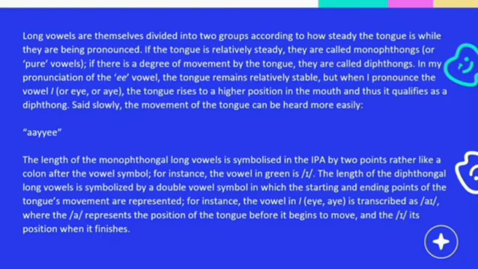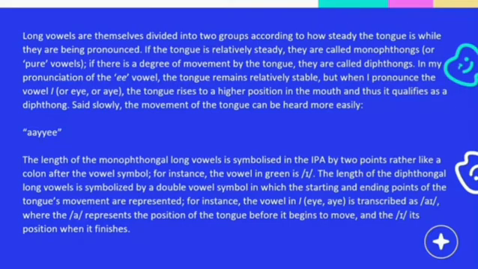In my pronunciation of the E vowel, the tongue remains relatively stable, but when I pronounce the vowel E or I or A, the tongue rises to a higher position in the mouth and thus it qualifies as a diphthong. Say slowly the movement the tongue can be heard more easily.